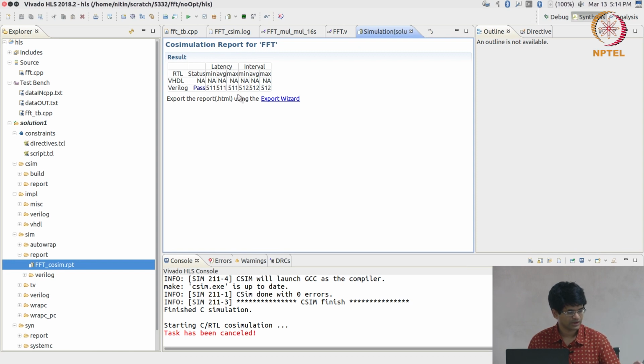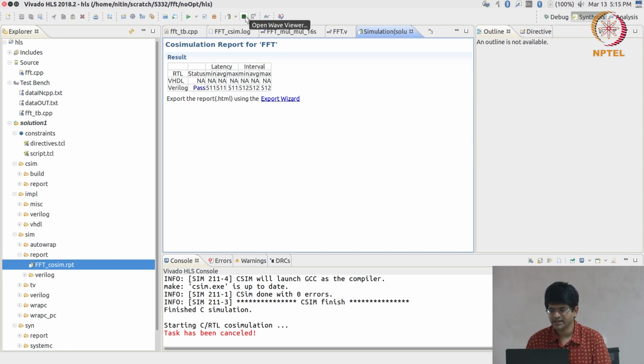What it is saying is it did the co-simulation, and as a result it was able to find out that the actual measured latency was 511 clock cycles, and the measured interval between successive inputs was 512 clock cycles. So this is a case where the interval is one more. Effectively what it is saying is you have to wait for the complete latency, then wait one clock cycle and then give the next set of inputs. Fine. So this is a number that you have.